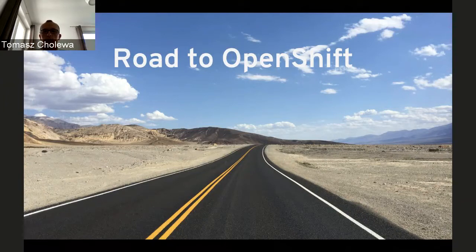There are some sharp turns. There are some bumpy parts, and David will tell you something more about how the bank decided, and why they decided to go with OpenShift and containers.